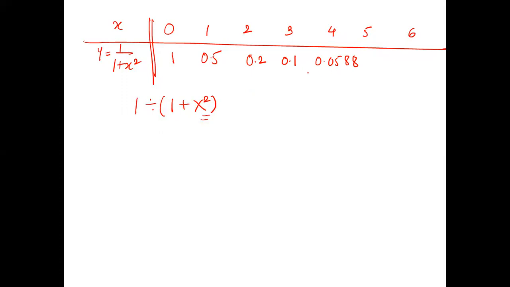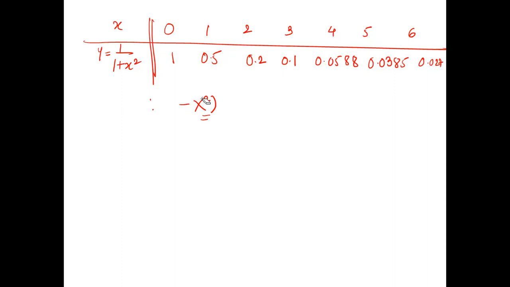Calculate for 5. 0.0385, rounded. Calculate for 6. 0.027. Okay, so we got the table.